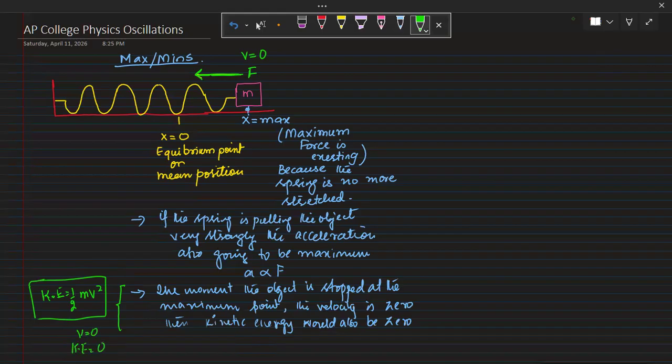So which energy will be maximum at this point if the kinetic energy is zero? I'm saying which energy is going to be maximum if the speed is zero, if the kinetic energy is zero?